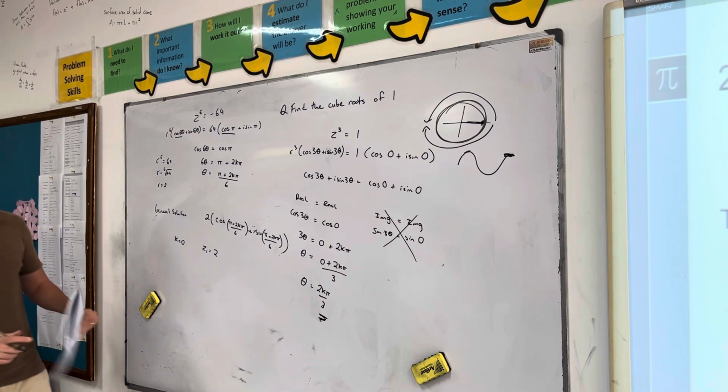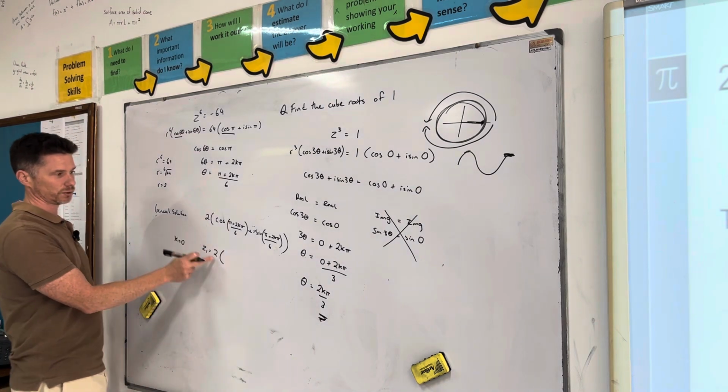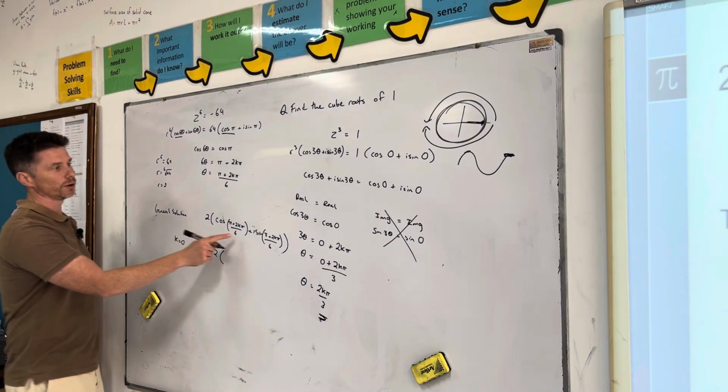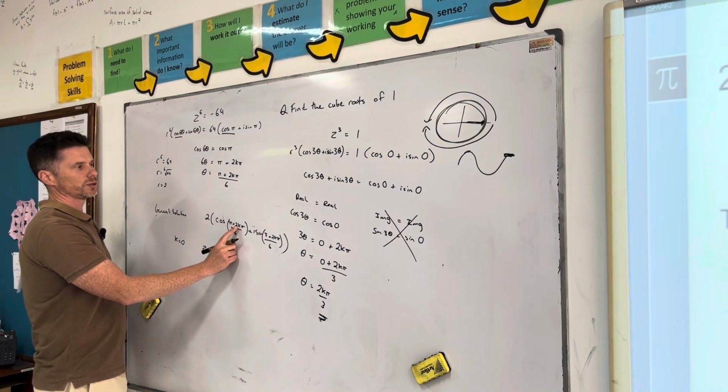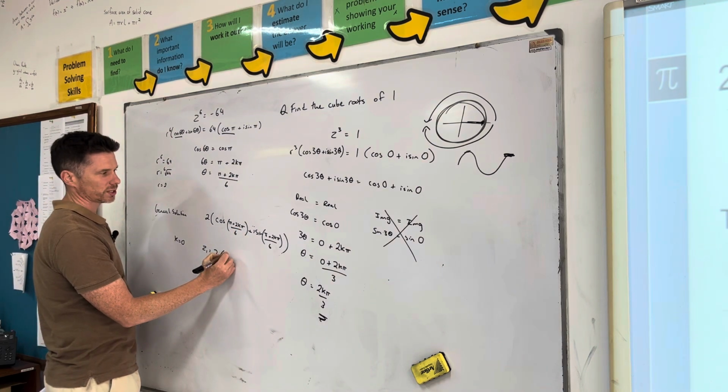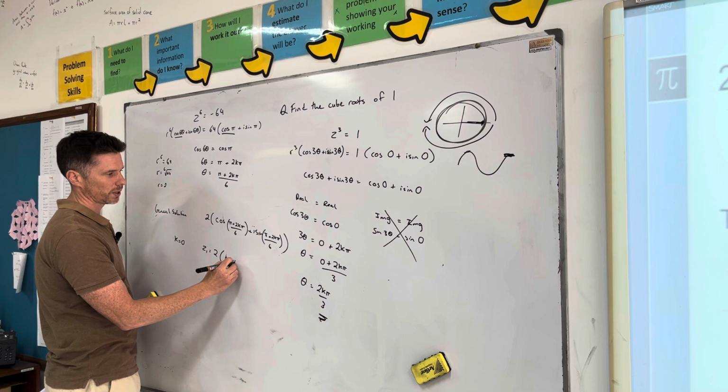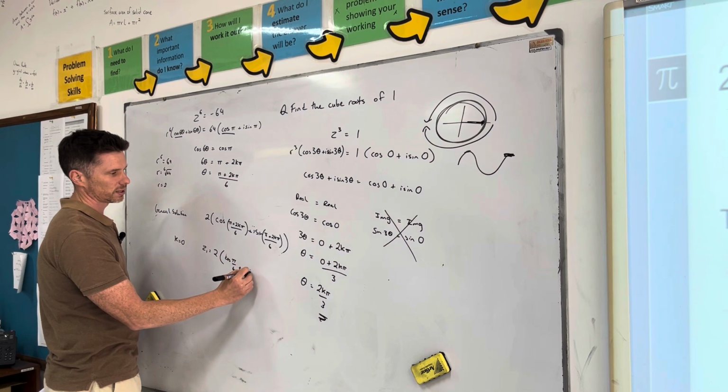I'm subbing in 0 now for k. That's 2, and the 2k pi bit is gone, so it's cosine pi over 6 plus i sine pi over 6.